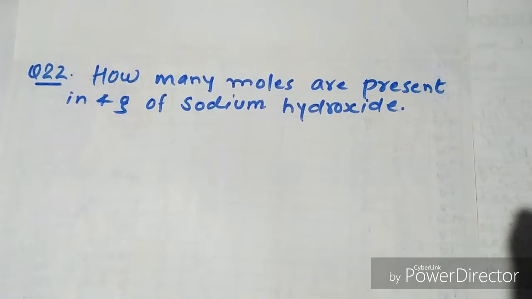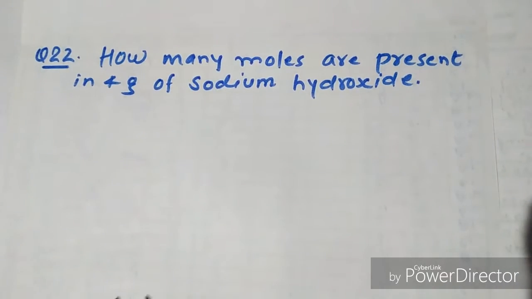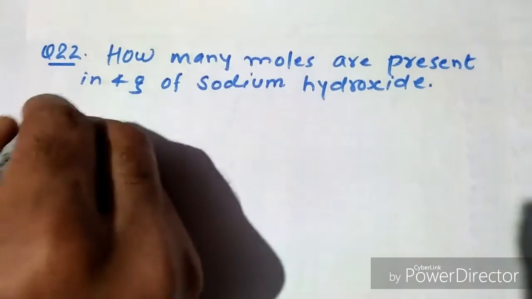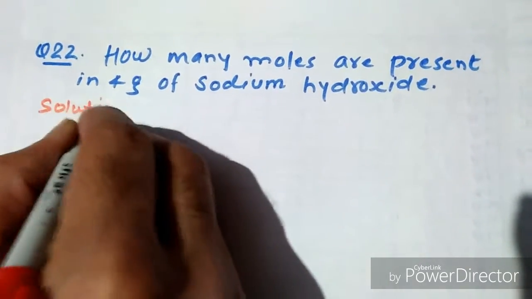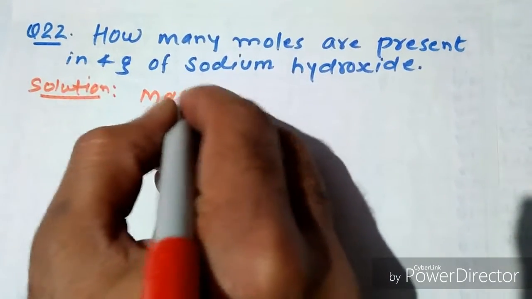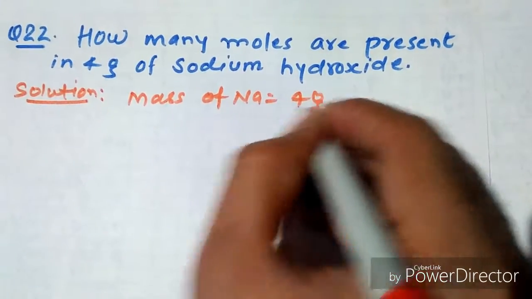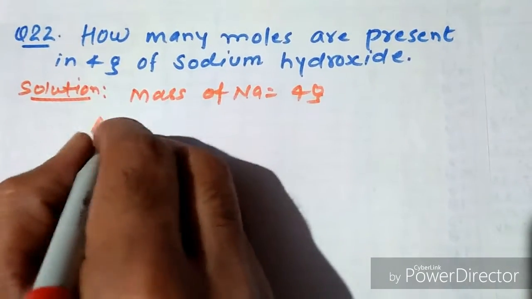The next question is, how many moles are present in 4 gram of sodium hydroxide? Solution of this question. It is a numerical type of question. At first we write the mass of sodium hydroxide. It is given in the question, 4 gram.